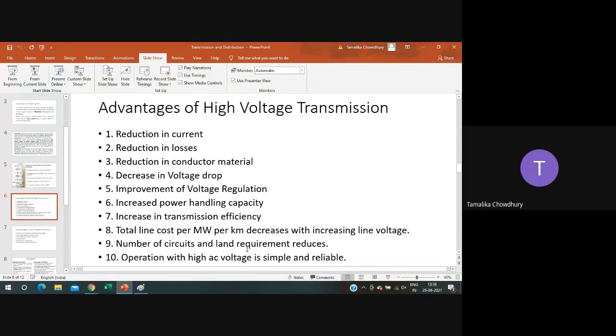Formula for efficiency, anyone? What is efficiency of anything represented as? Am I audible to you?